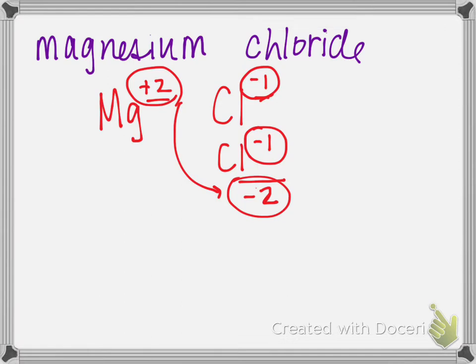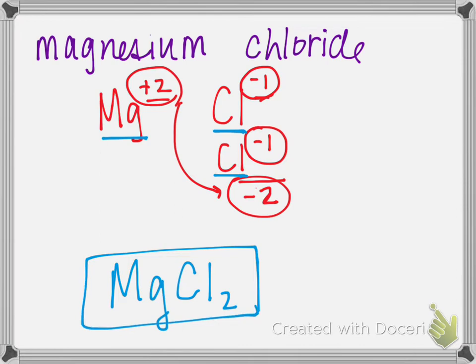And so if I'm going to put these into a new molecule, I've got 1 magnesium and I've got 2 chlorides, Cl2. MgCl2 is how I would put together the formula for magnesium chloride.